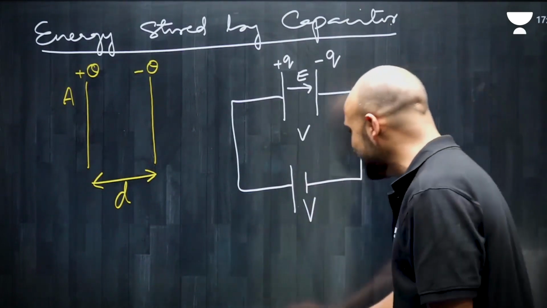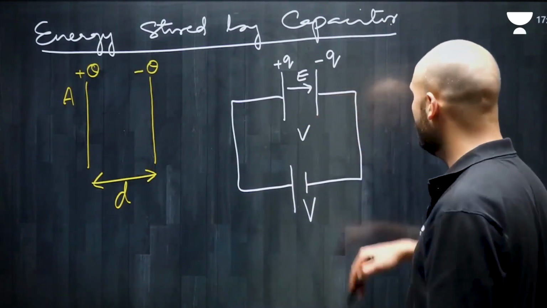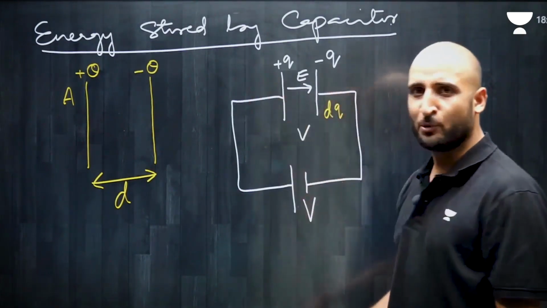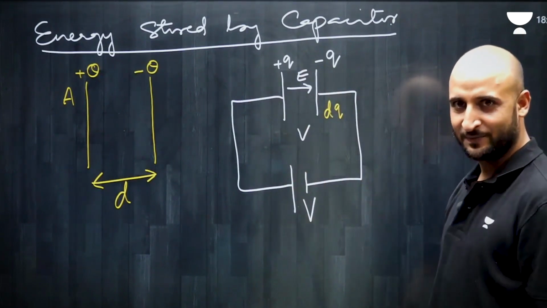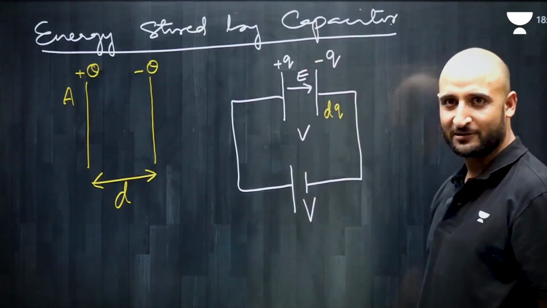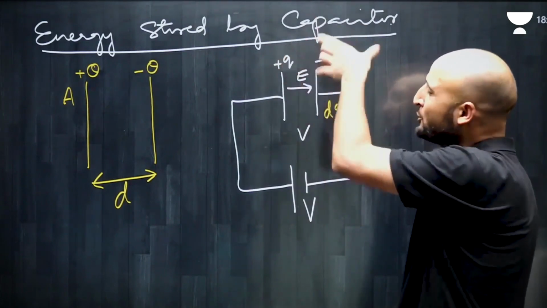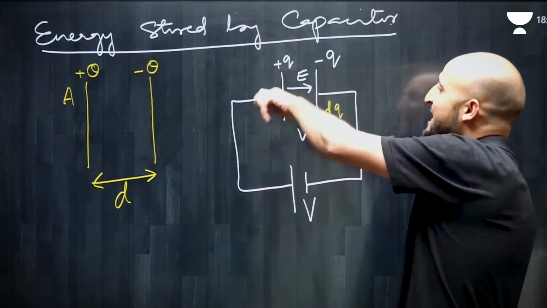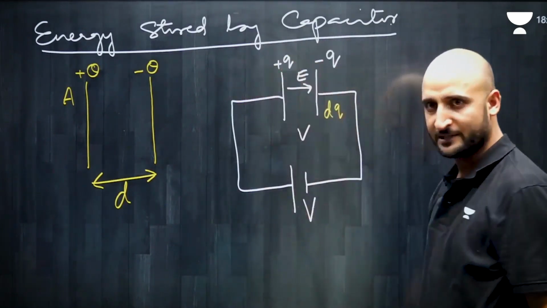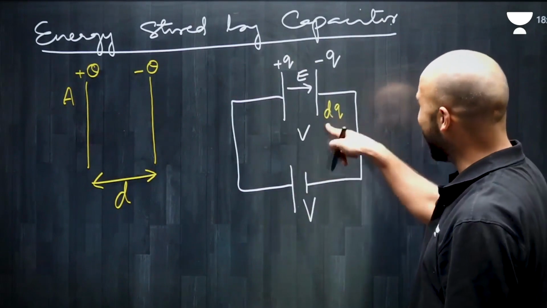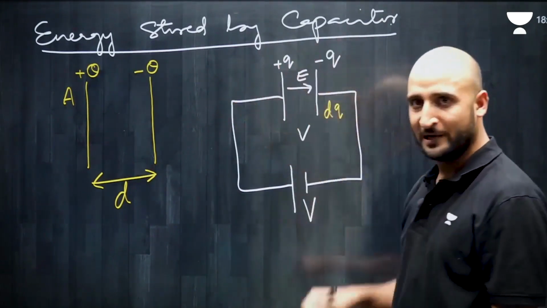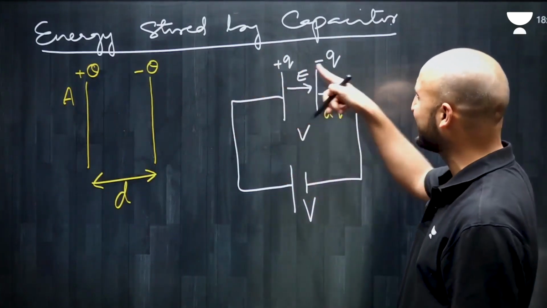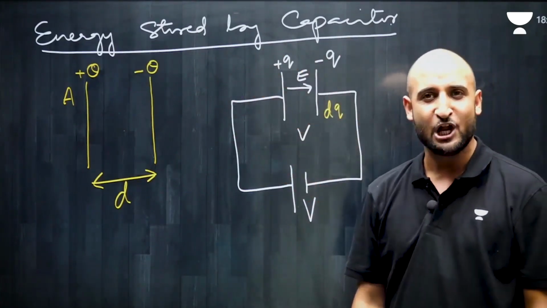Now, suppose that this battery wants to move a further dq charge from this negative plate to the positive plate. Understand this thing. The battery is building up the charge of the capacitor. It has already built up a small q charge in the capacitor. Now it wants to take a further dq charge from the negative plate to the positive plate. That means the charge is taken against the field, against the potential difference, because the positive plate is at higher potential and the negative plate is at lower potential.